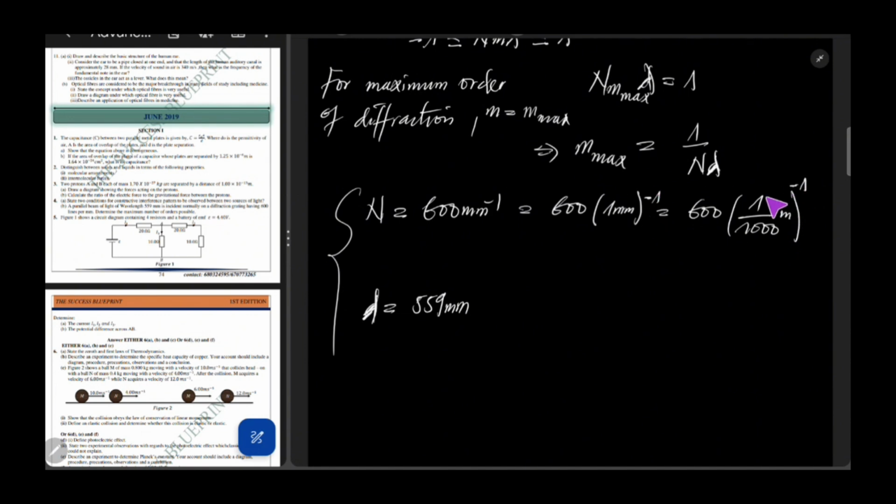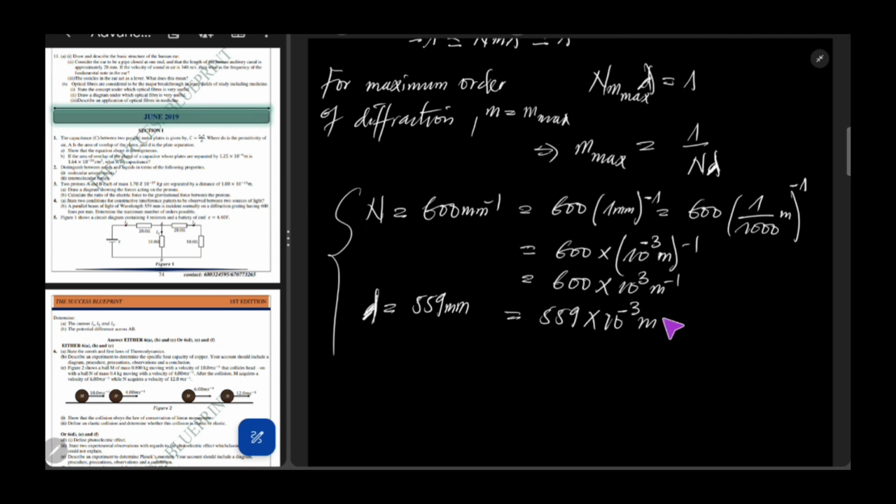This will boil down to 600 times 10 to the power -3 meters to the power -1, which finally reduces to 600 times 10 to the power 3 per meter. Next, we need to convert this value of lambda from millimeters to meters. So we'll just have 559 times 10 to the power negative 3 meters.